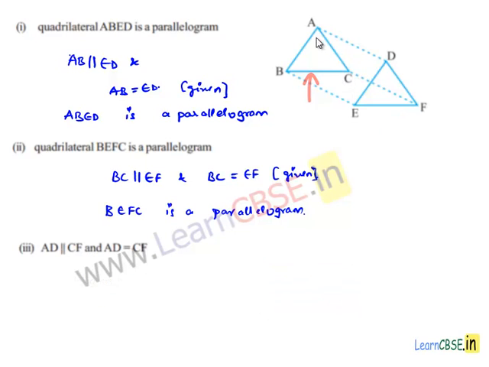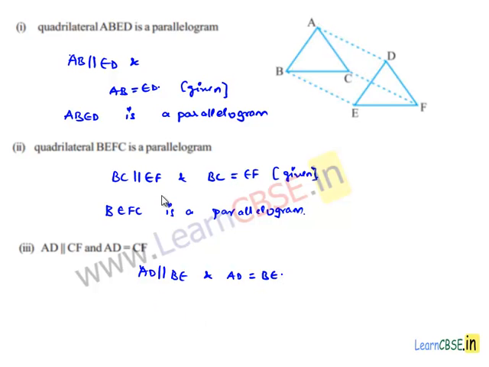Now, initially we proved that ABED is a parallelogram. So we can say from that AD is also parallel to BE and AD will be equal to BE.